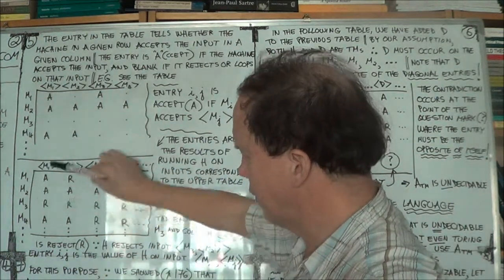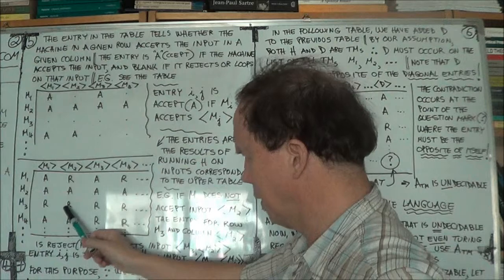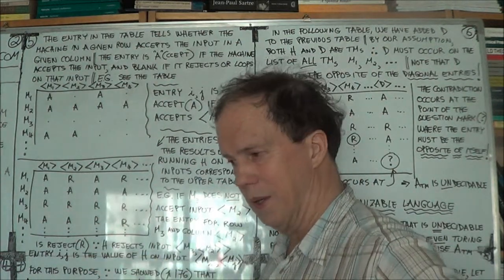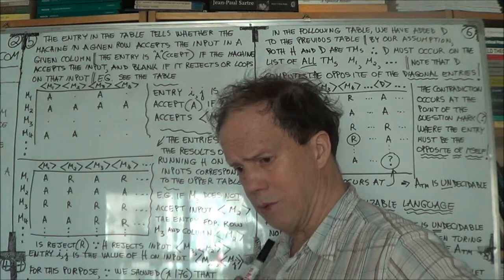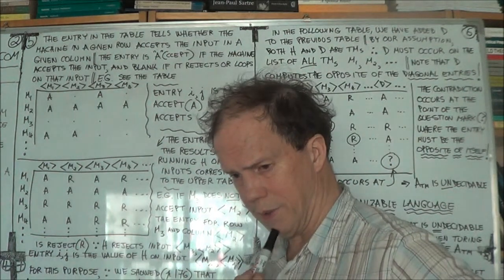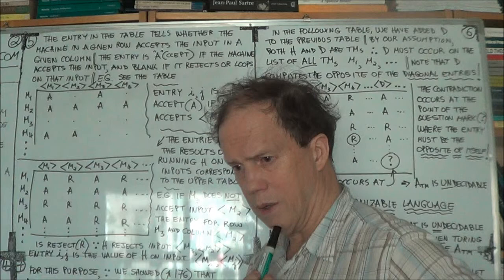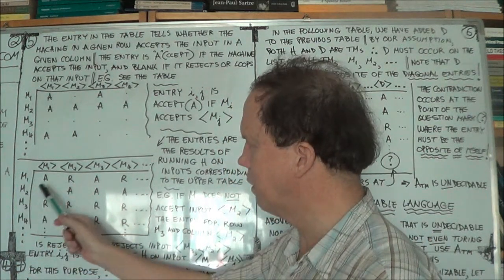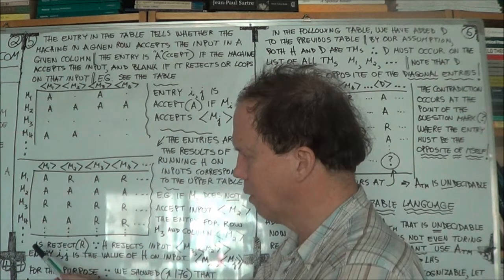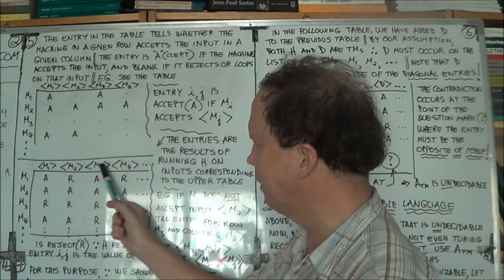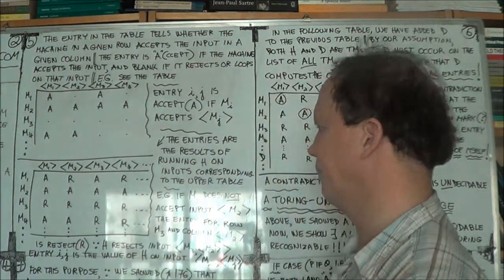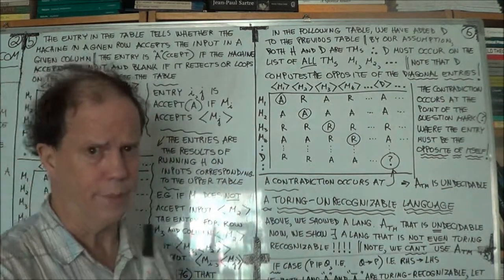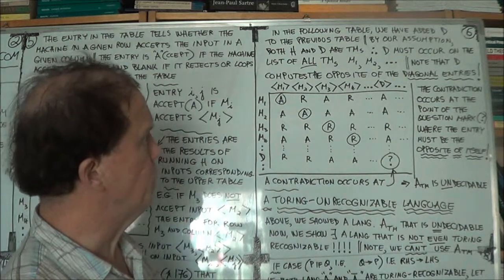Okay, and in this case, these accepts and rejects, the elements here in the infinite matrix, are the results of the decisions, if you like, of machine H, given the ordered pair Mi and angular bracket Mj. That's what it's saying here. All right, now we come to the crunch.